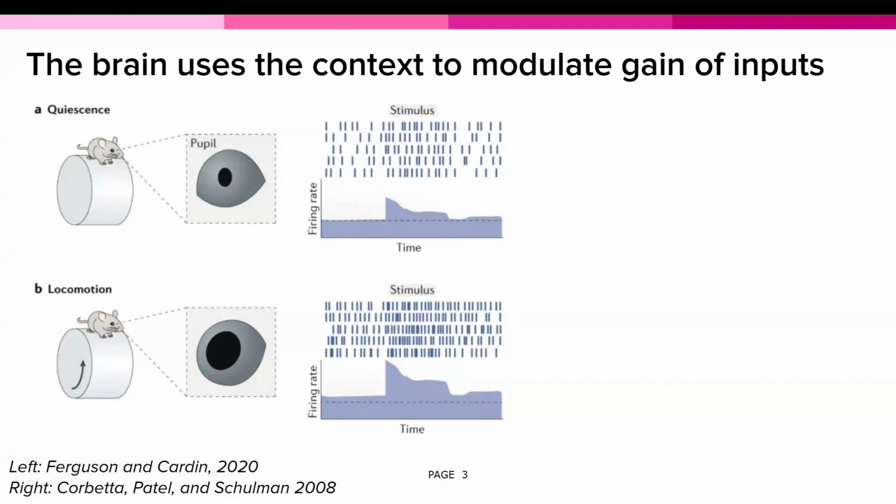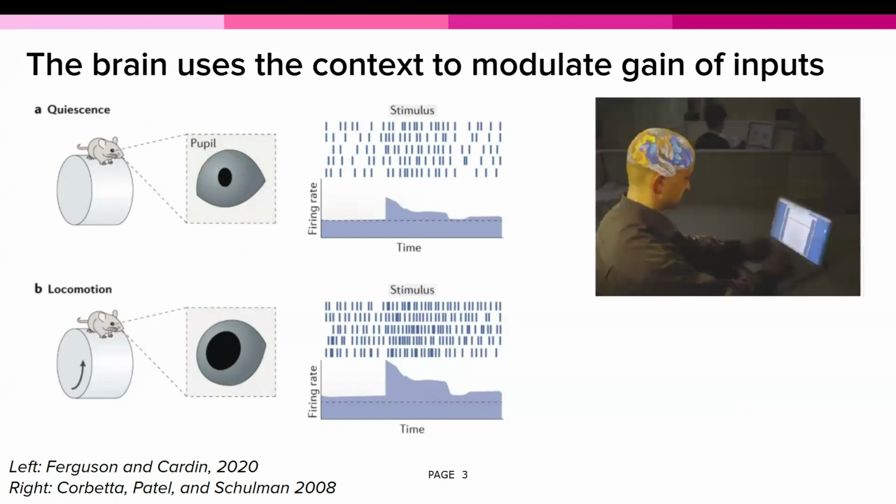The mechanisms underlying this shift are actually closely related to directing attention, specifically the expansion of your pupils in response to different behaviors that you might be engaged in. So these mechanisms are closely related to being able to direct your attention.